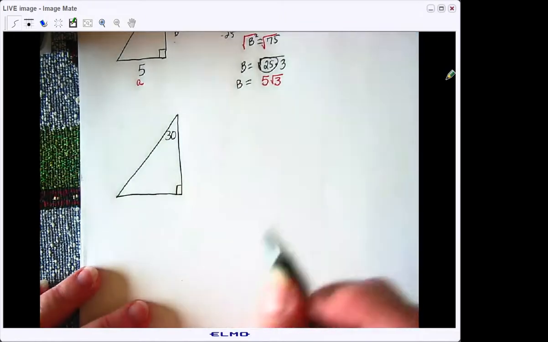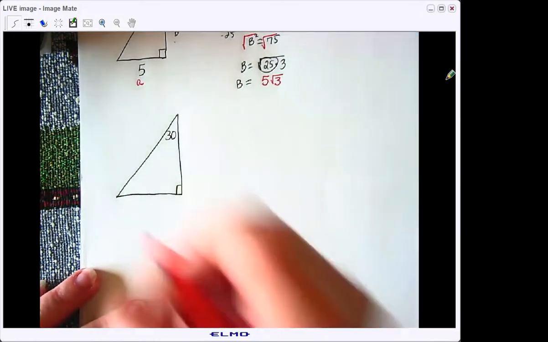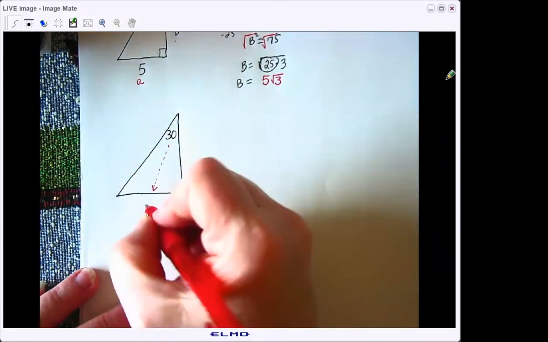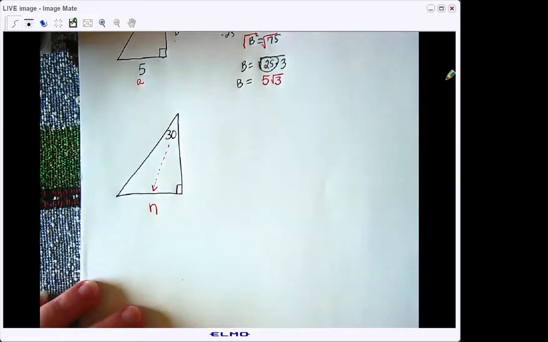And the relationship across from the 30-degree angle is going to be our n, our number. And the other two numbers have a relationship to that number, just like we saw above. Okay.